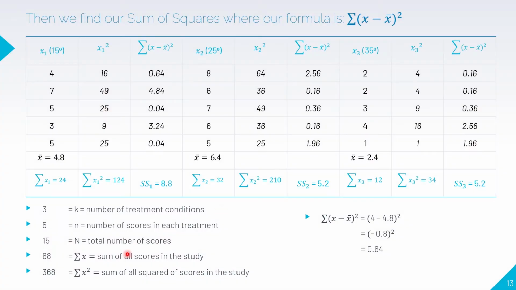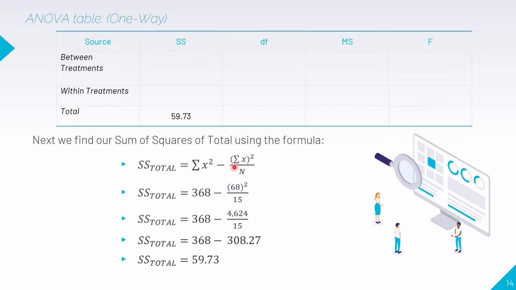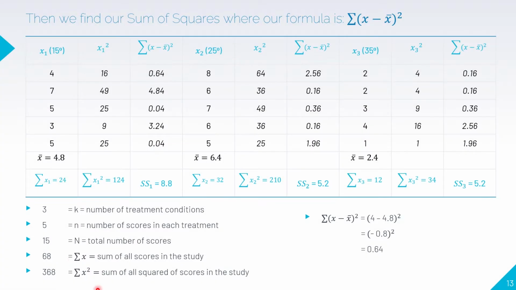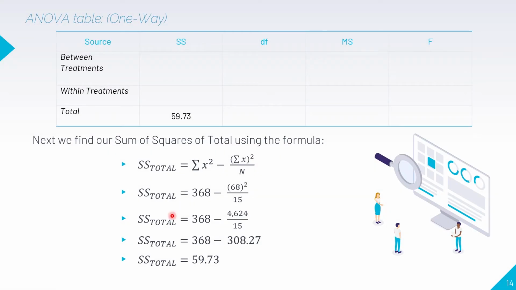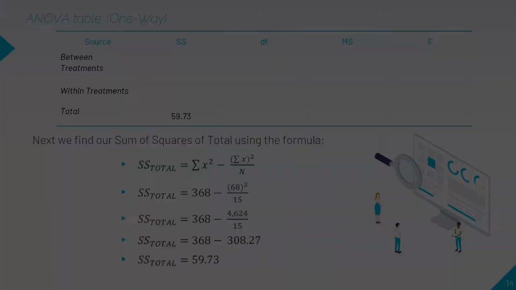This one minus our summation of x, 68, and then squared, over N, which is 15.